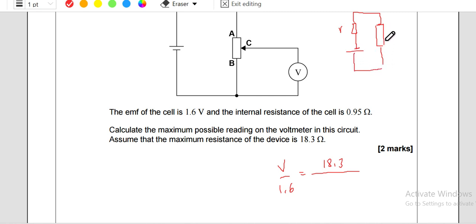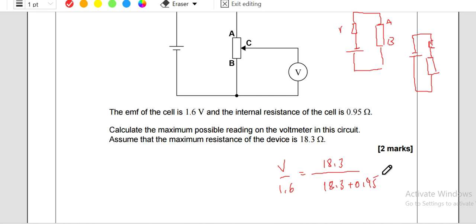Okay, all of the A, B. This is simply like the one I drew here, still a potential divider problem. So the total R corresponding to 1.6 V will be 18.3 plus the small value of 4.95 ohm.